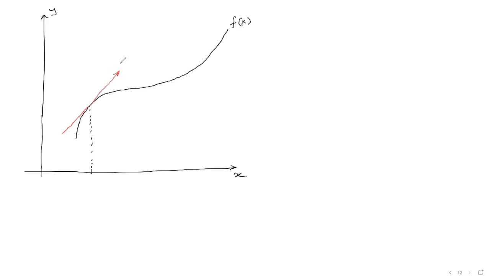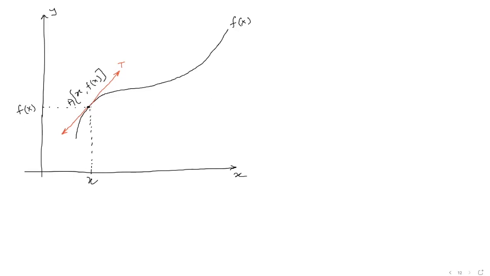Okay, so this is tangent T, let's say. And look, this point here is x. When I have this point as x, the corresponding y coordinate will be f of x. So let me name this point as, say, A. This point is A. And we know the coordinates of A are x and f of x. Right? The x coordinate is x, the y coordinate is f of x.